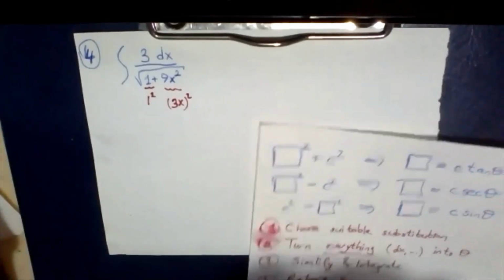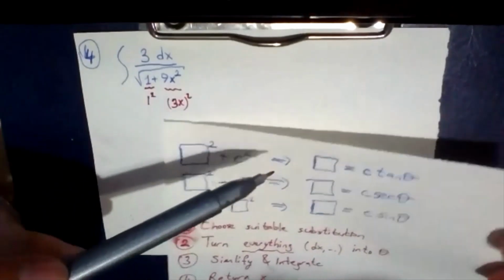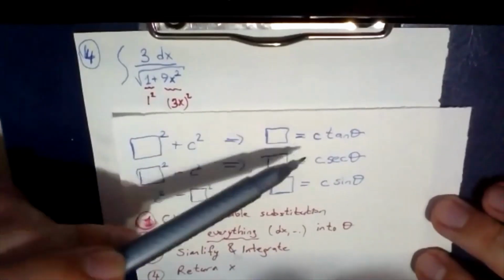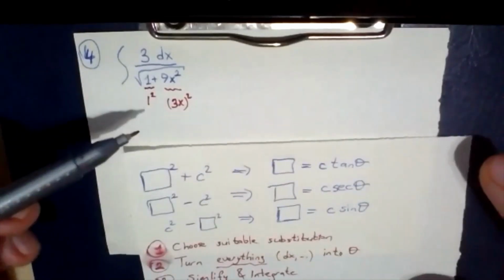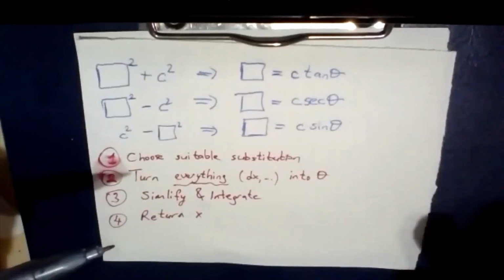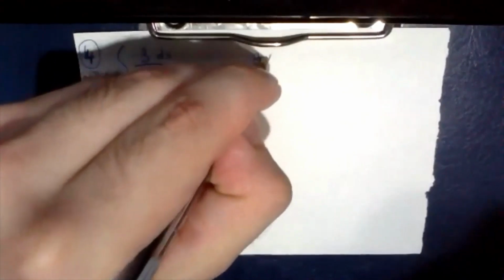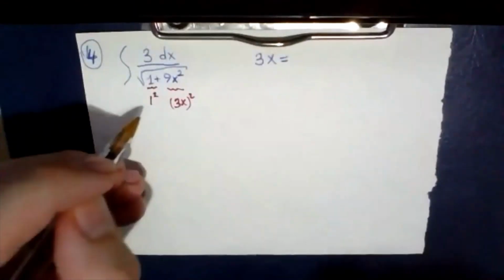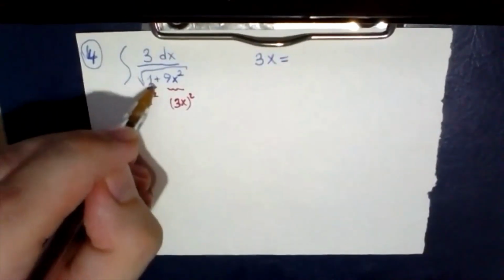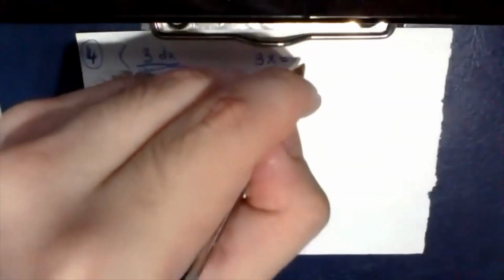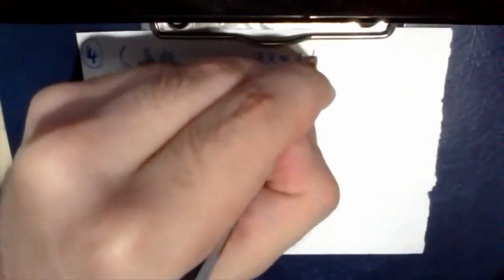And our substitution rule is box is equal to c times tangent theta. But here, what is the box? 3x. So our substitution should be 3x is equal to c times, what is c? What is the square root of our constant number? It is 1. 1 times tangent theta.